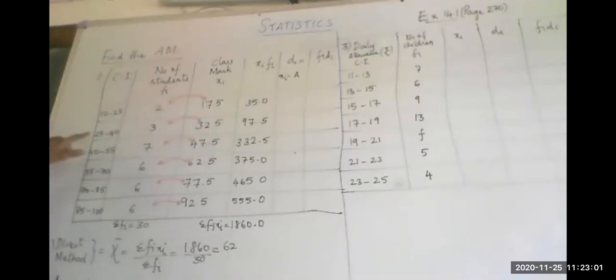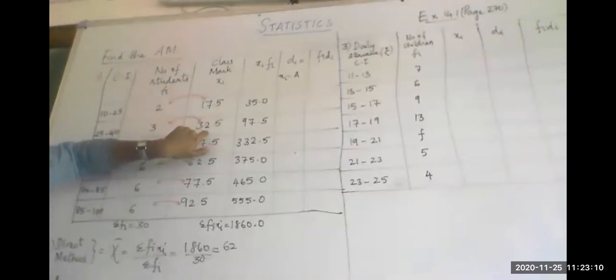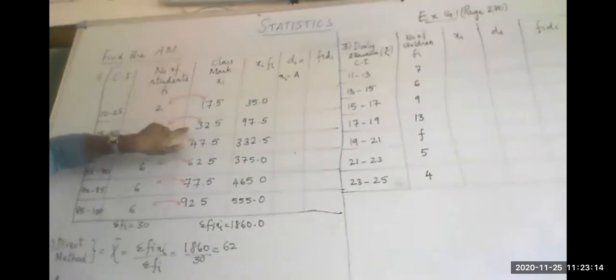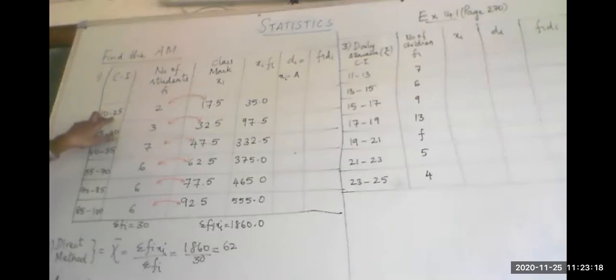Similarly, go to the second class interval, it is 25 to 40. So 25 plus 40, which is 65 divided by 2, which will be 32.5. Now the difference between the first class mark and the second class mark will be exactly the difference between the upper and the lower limits of the class intervals. You can see the class intervals have a gap of 15 each. 10 to 25 means the difference is 15.